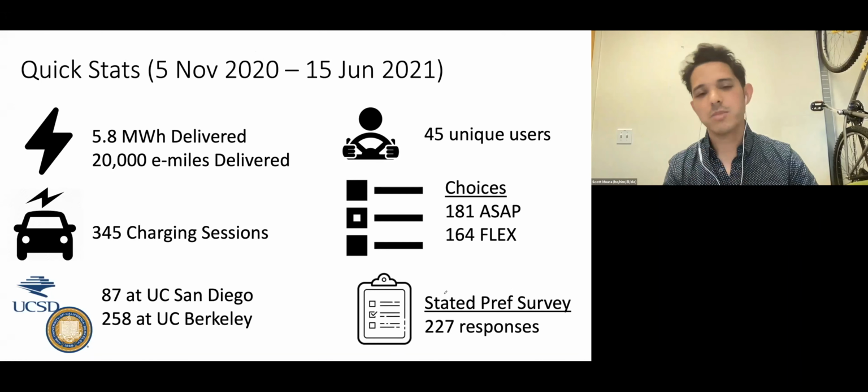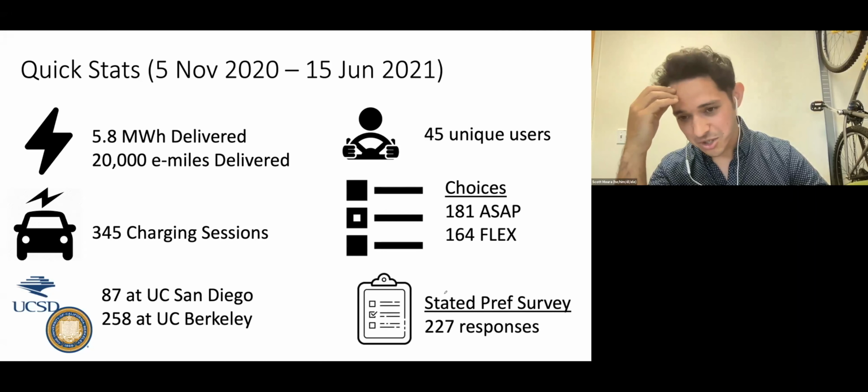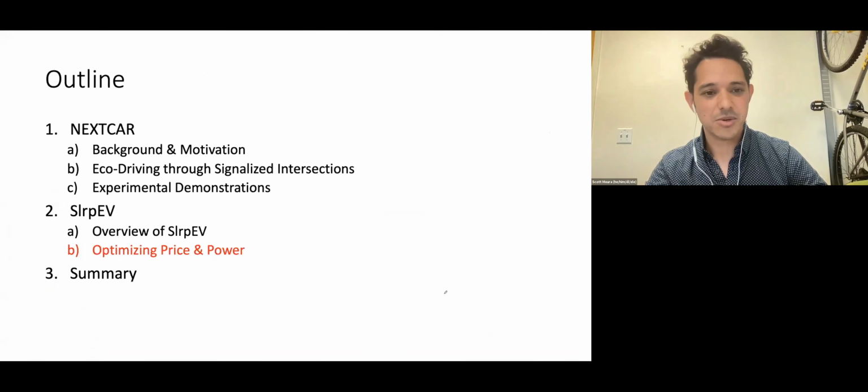You can see how it's distributed amongst the campus and the unique users we have. This is not impressive because of COVID, and we told everyone don't come to campus. So actually the next month is going to be very interesting as people start returning to campus, and usage is going to blow up, we anticipate, and there's going to be high demand for these charging stations. So it'll be really interesting what happens to this data over the next month or so.